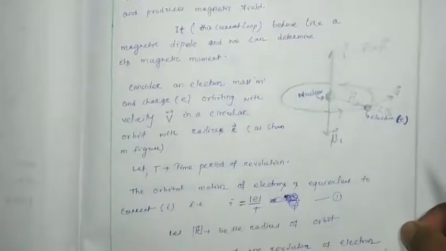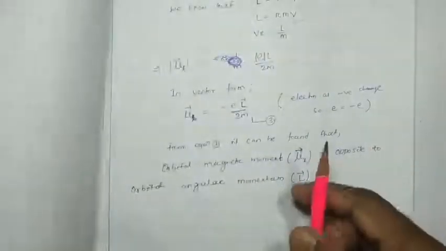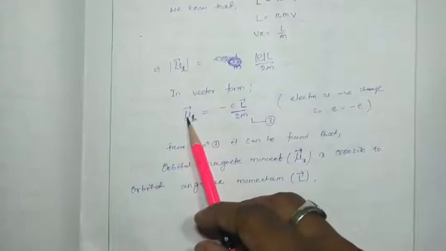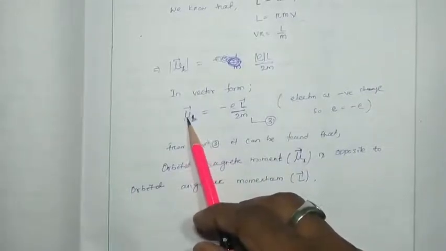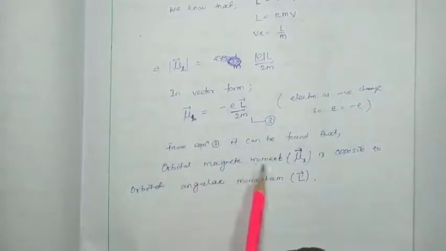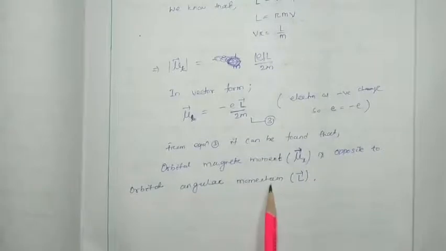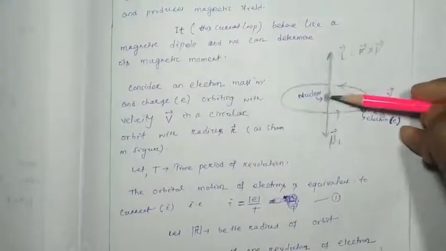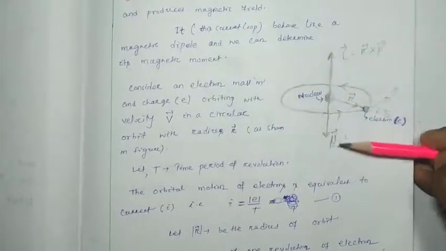Mathematically we discussed this in our last class, and we found that mu L, in vector form, the so-called orbital magnetic moment, is opposite to the orbital angular momentum L. Here this side is your L and this side is your mu L.